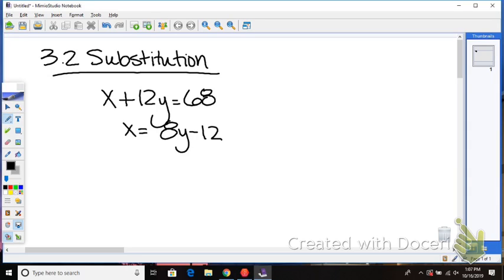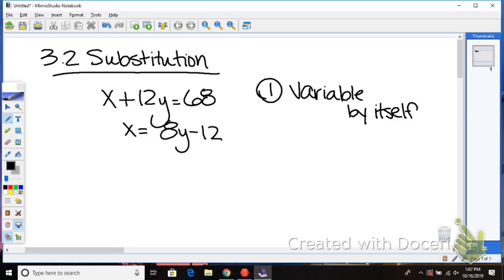Here's what you want to do for substitution. Step 1 is you want one variable by itself, meaning you want it to be like x equals something or y equals something in one of your equations. Sometimes in our next one you'll have to work to make that, but this one is given to you that way.